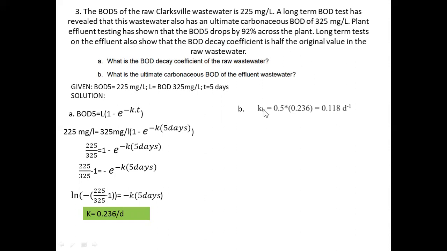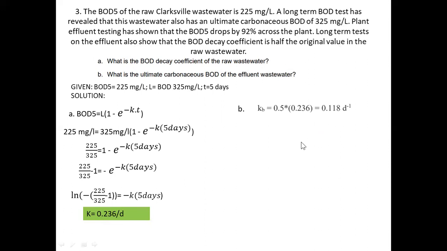Now for letter B, kB, since we are given half the original value from letter A, we're going to get the 50% value of k from letter A. So kB is equal to 50% or 0.5 times 0.236 per day, which is equal to 0.118 per day.